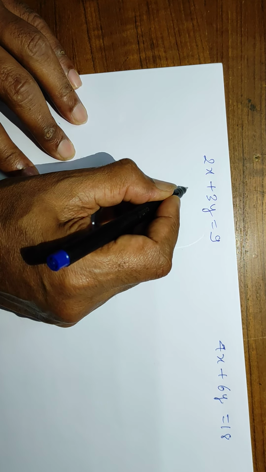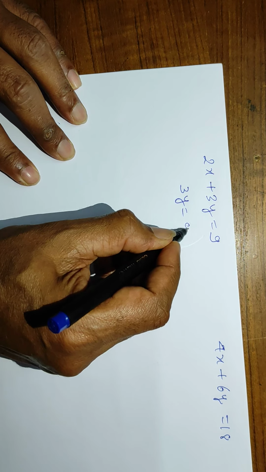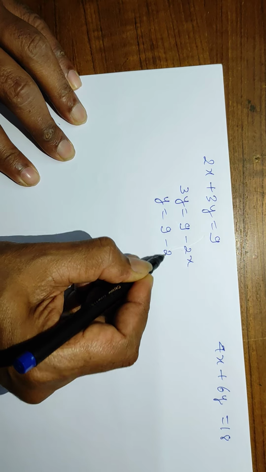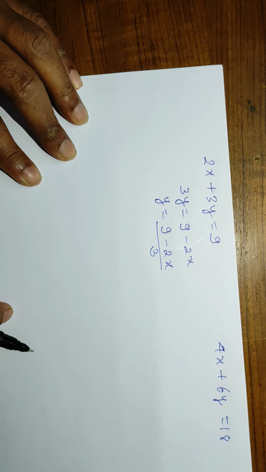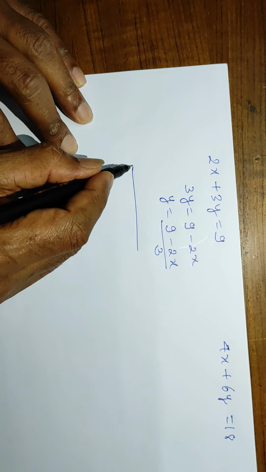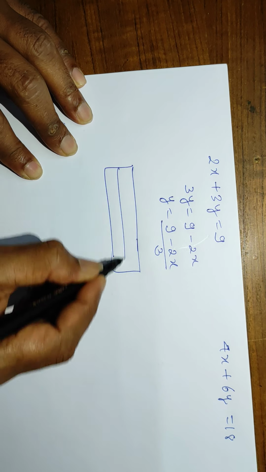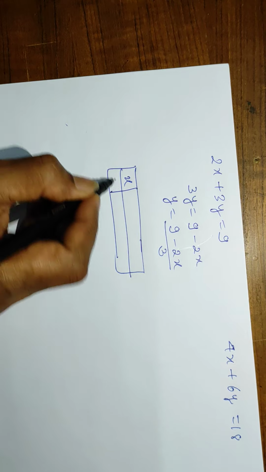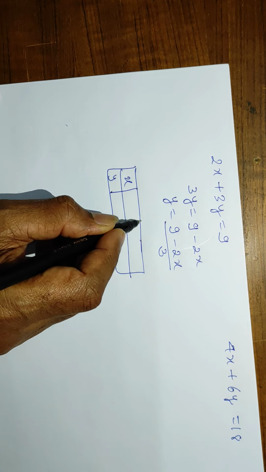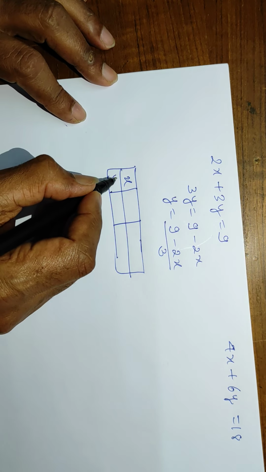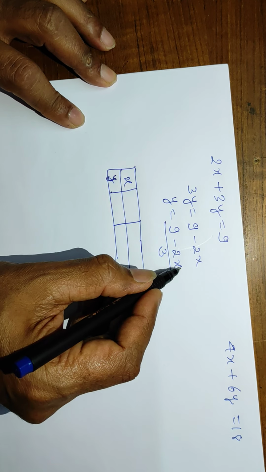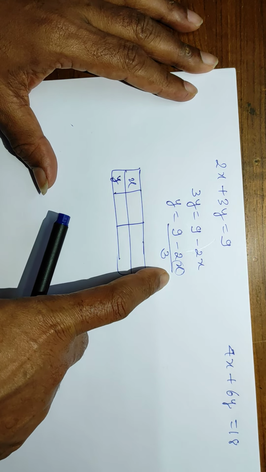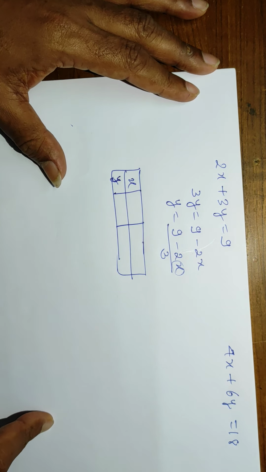Here 3y is equal to 9 minus 2x. y is equal to (9 minus 2x) by 3. So you have to find out 2 points, x and y. You have to choose the values which are convenient to calculate and convenient to draw the graph.